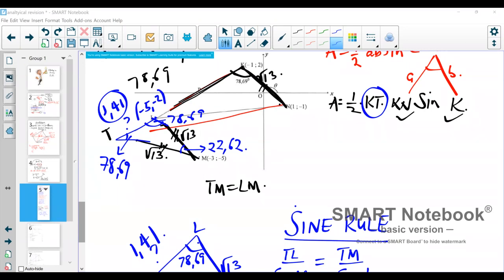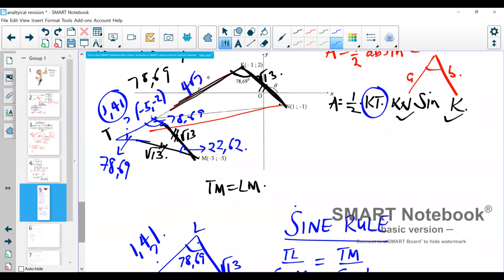Can I just say plus 5, all squared, plus the y values, 2 minus -2, and that will be 4. Let's just say 4 squared. And our answer is 4 root 2. So KL is 4 root 2.